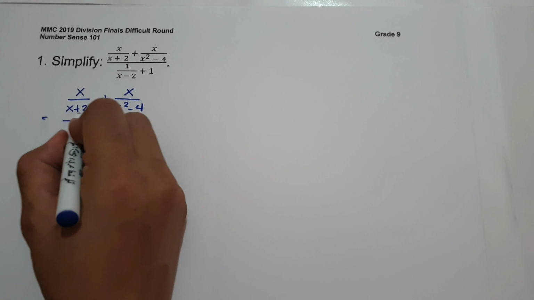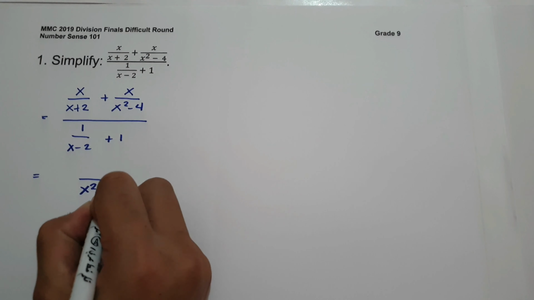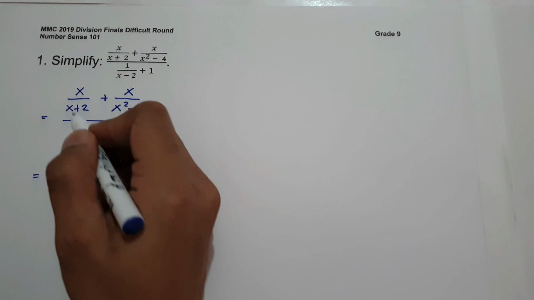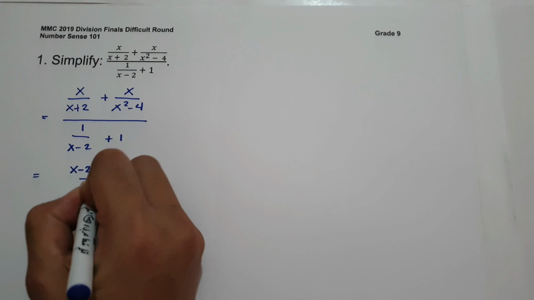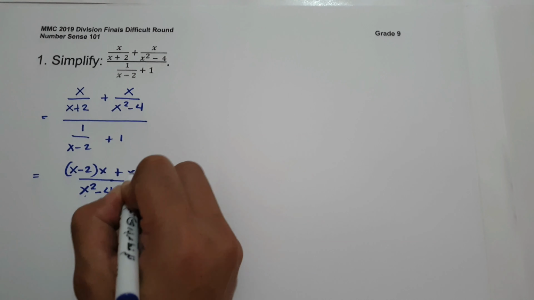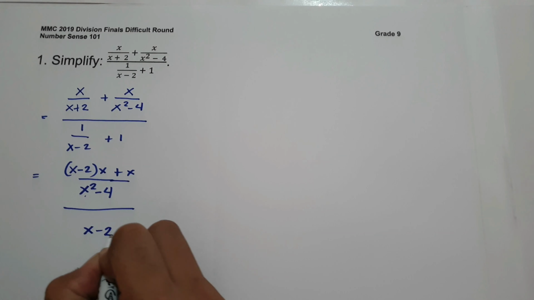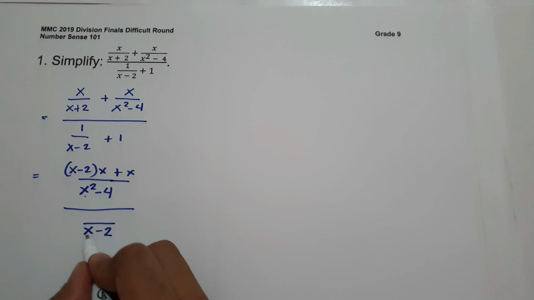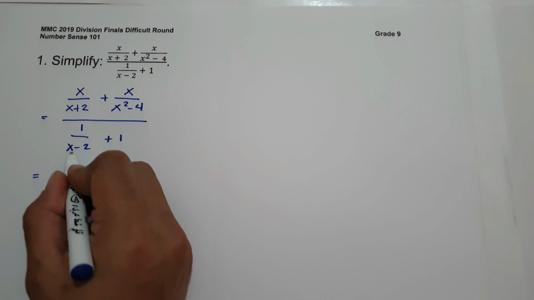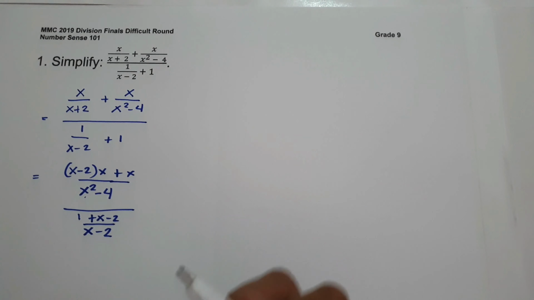So the LCM of x plus 2 and x squared minus 4 is x squared minus 4. Then x squared minus 4 divided by x plus 2 is x minus 2, multiplied by x, so let us write x. On the denominator, let us have x minus 2: x minus 2 divided by itself, multiplied by 1, is 1, and x minus 2 multiplied by 1 is x minus 2.